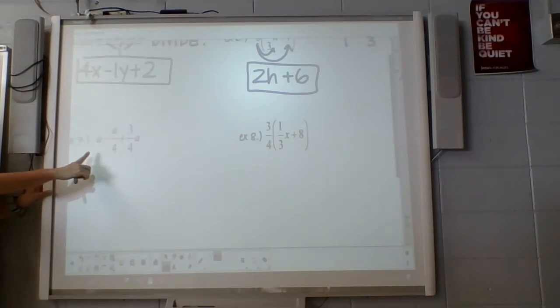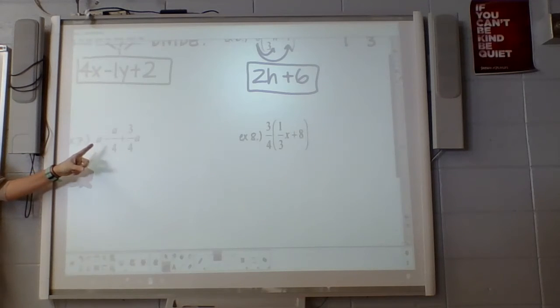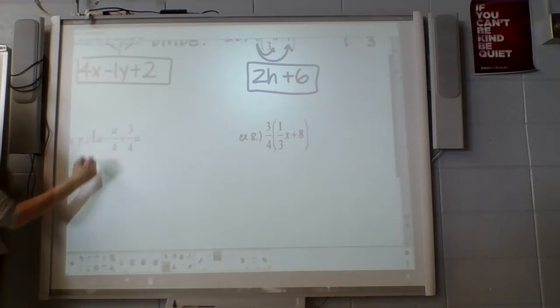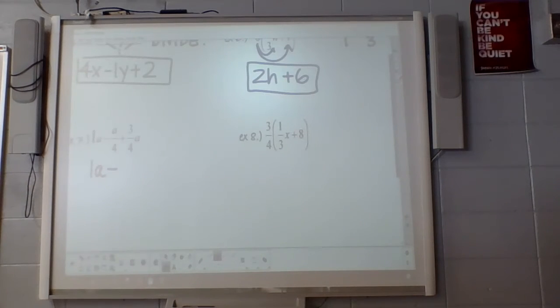What's the coefficient for this A, this first one here? 1. There's a 1 in front of it. So I'm going to write 1A minus. This next one's weird. What's its coefficient? It looks like A over 4.